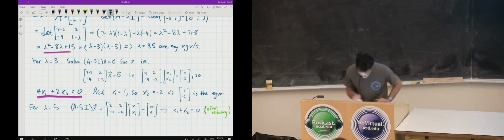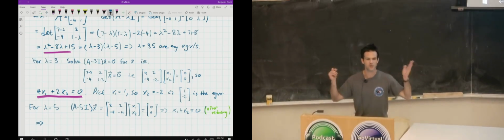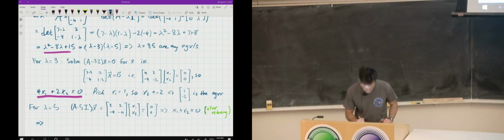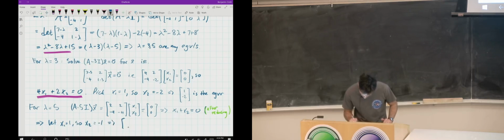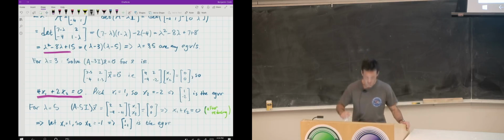Again, you just make an easy choice. How about x1 equals 1? So x2 is -1, so the eigenvector is 1, -1. Cool.